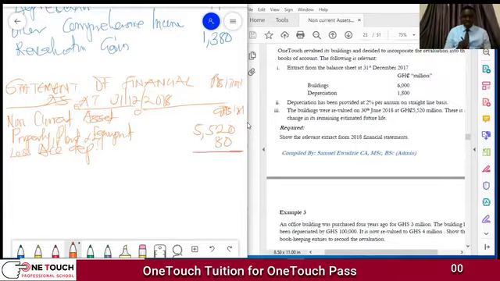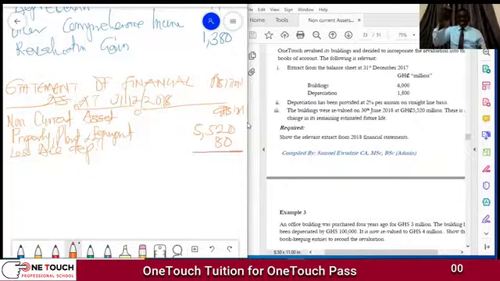Now, why 80,000? Because the 520 was the revalued amount as of June.